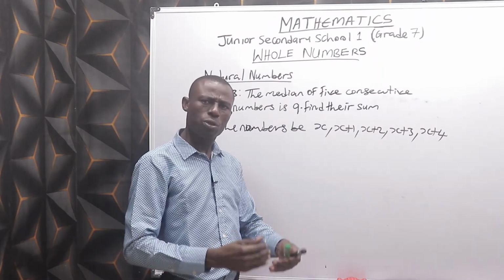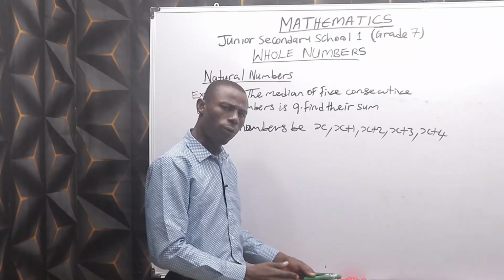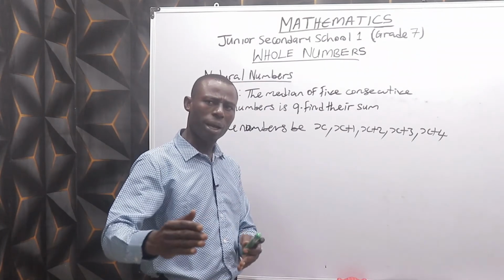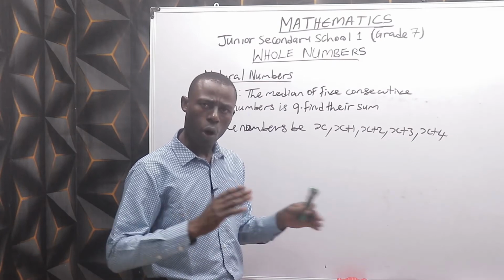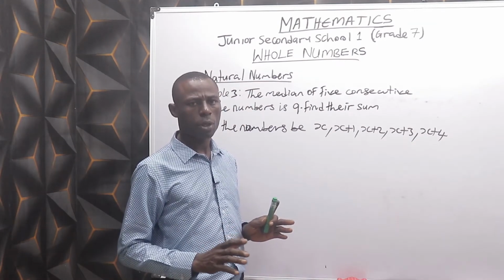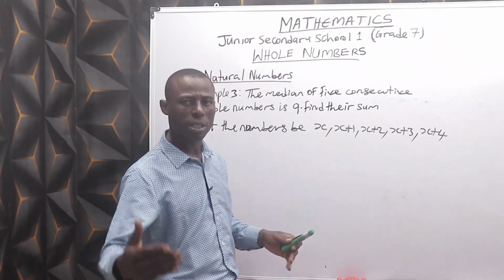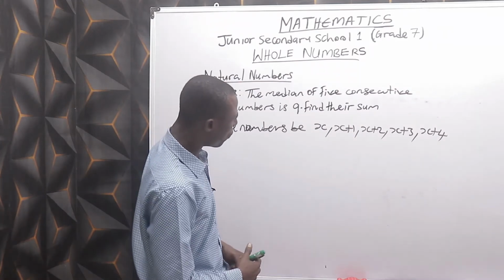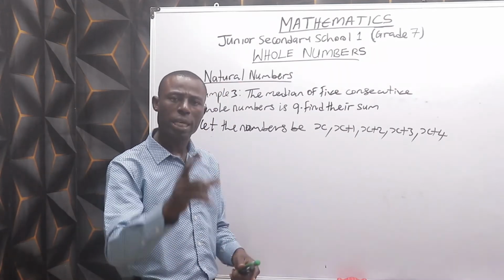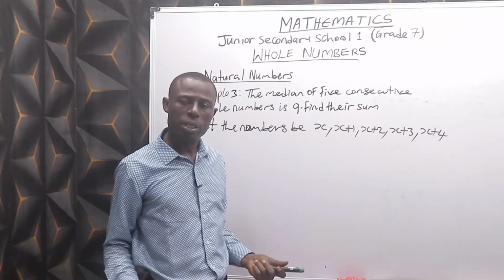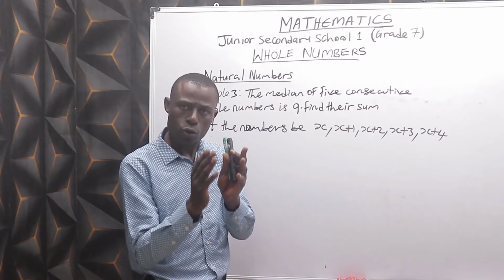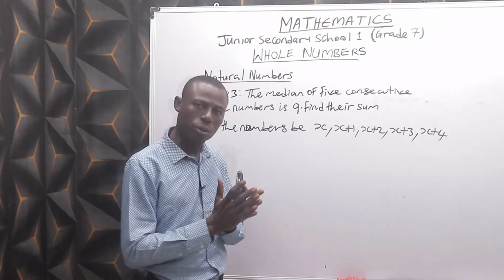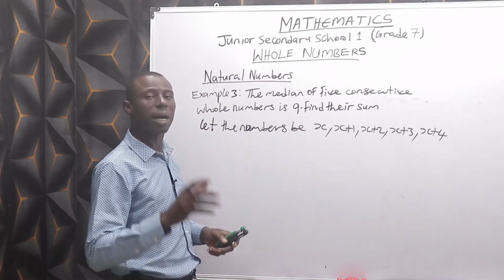Median is the middle value of a set of numbers that has been arranged in ascending or descending order. So the middle value is what we call median. If the middle value happens to be a singular number, then that is the median. And if there are 2 values at the middle, we add them together and divide by 2.